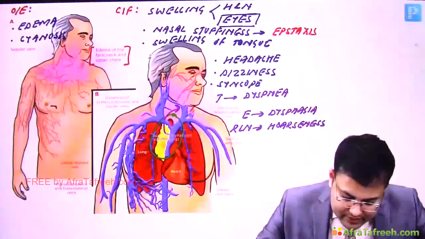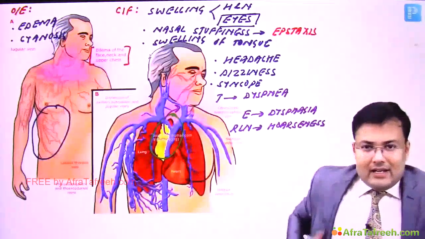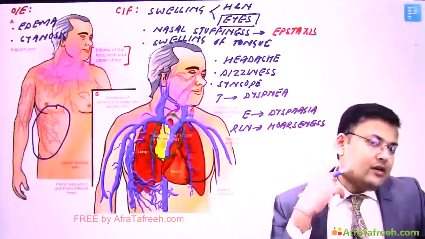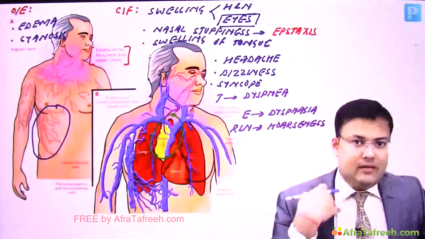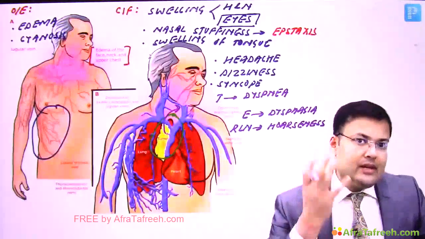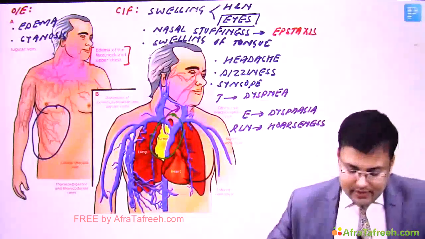And can you see here? There is presence of collaterals. So dilated veins. What is the location of dilated veins? You noticed internal jugular vein is dilated, subclavian vein, axillary vein is dilated. So dilated veins in neck, chest and mainly the anterior part of chest. Okay.